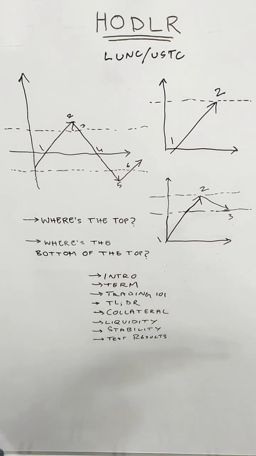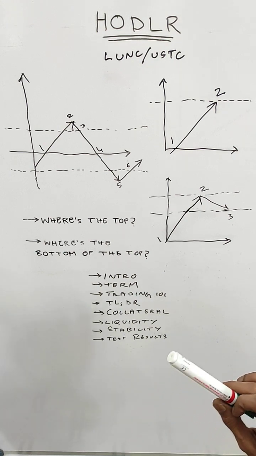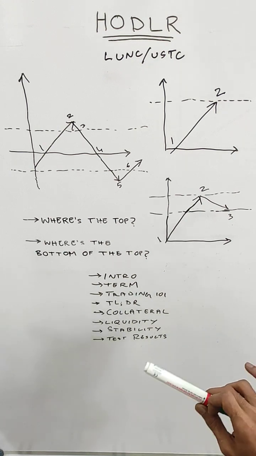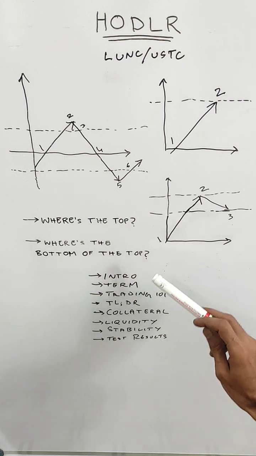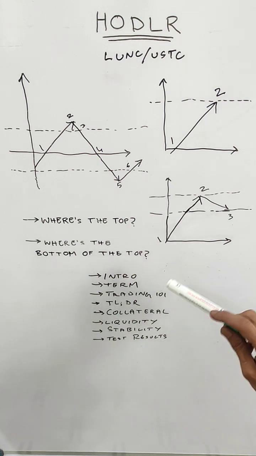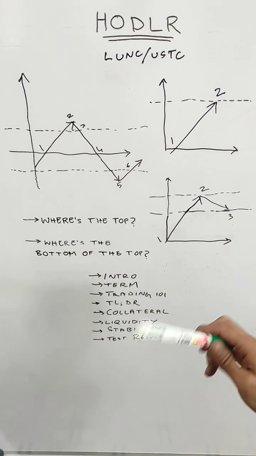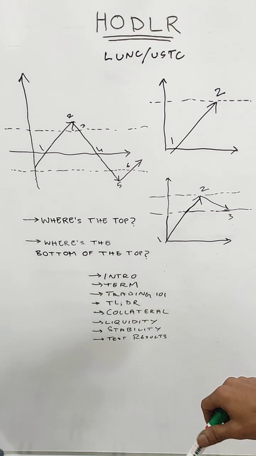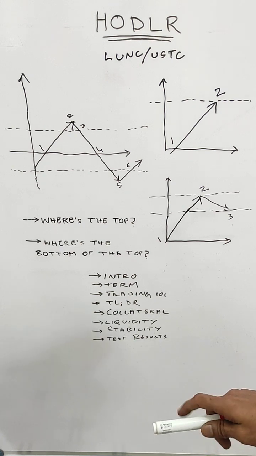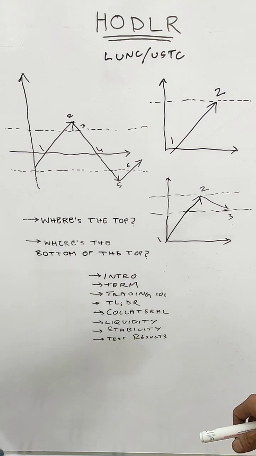But apart from that, let's go through what we have already gone through, in which I have made quite a few videos on HODLR right now. In the first video, I explained a very basic intro to what HODLR is. In the second one, I explained whether it's an algorithm or a trading bot or an application, and quite honestly, it's a combination of all of those things.